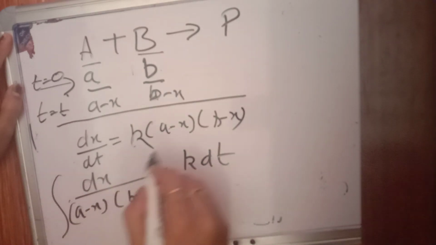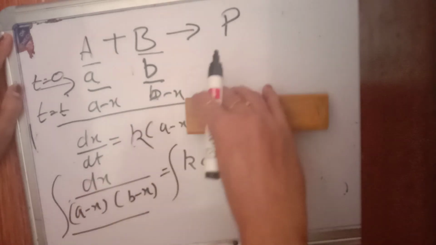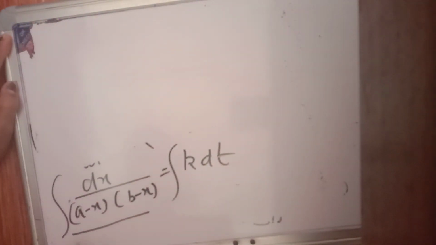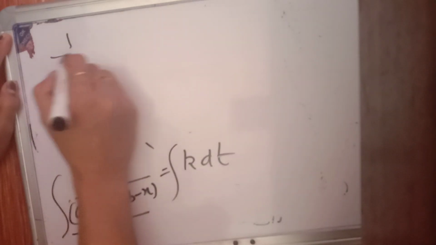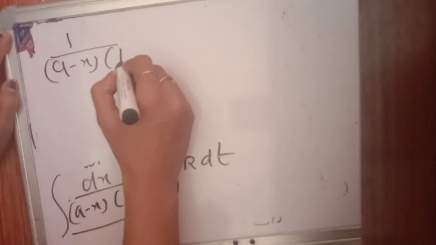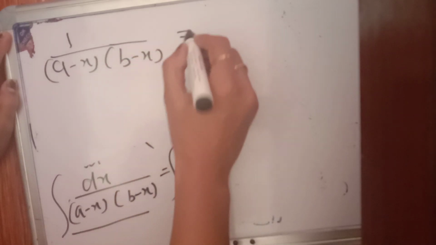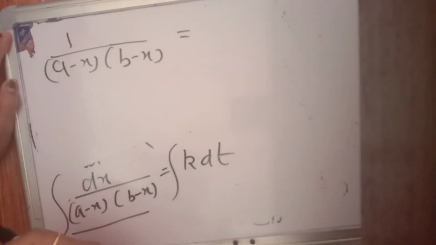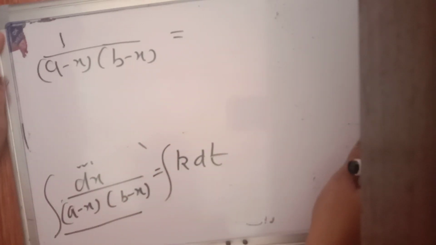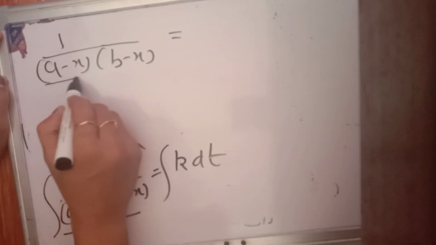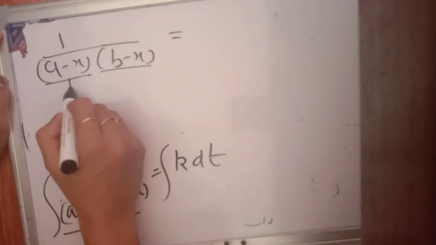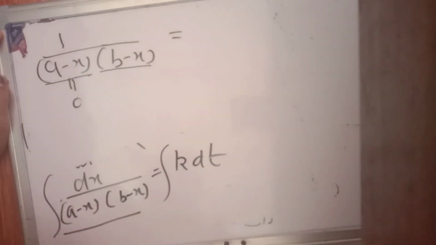Now we have to integrate this, and how can we integrate this? By the partial fraction method. I'm not going into detail or deriving the expression, I'm simply telling you how to do this. If you have two multiplication terms in the denominator, put one term equal to 0.